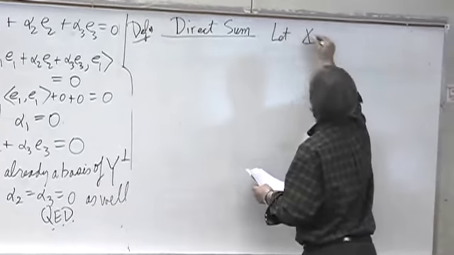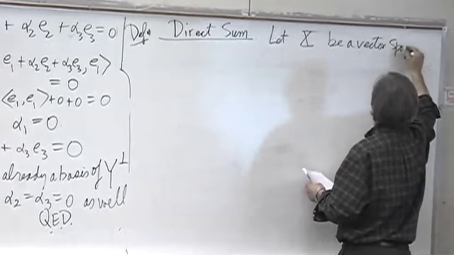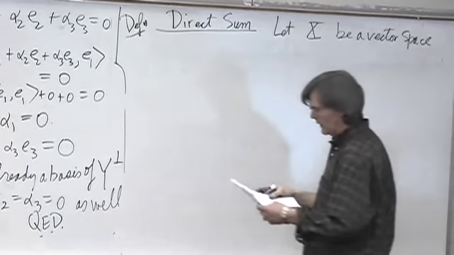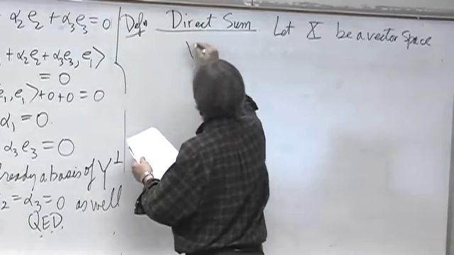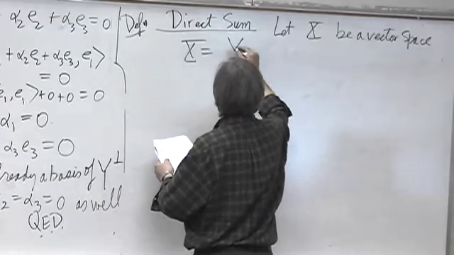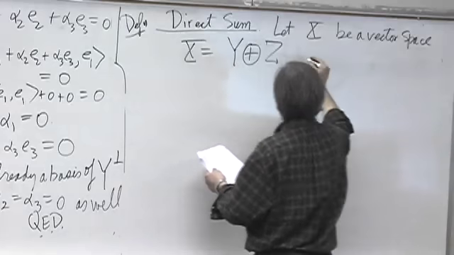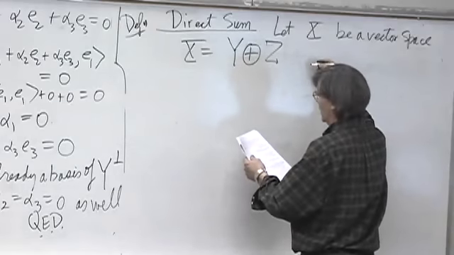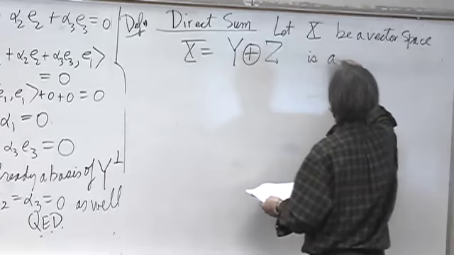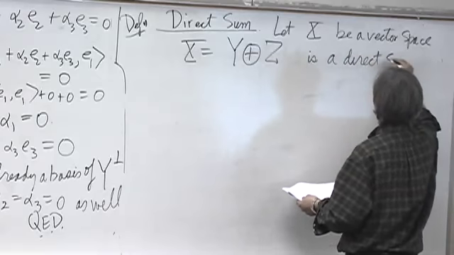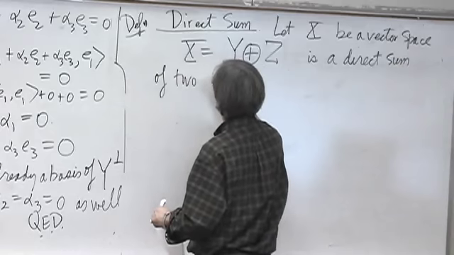Let X be a vector space. X equals Y, written with the special circled plus, Z, if X is a direct sum of two subspaces Y and Z. So Y and Z are two subspaces.